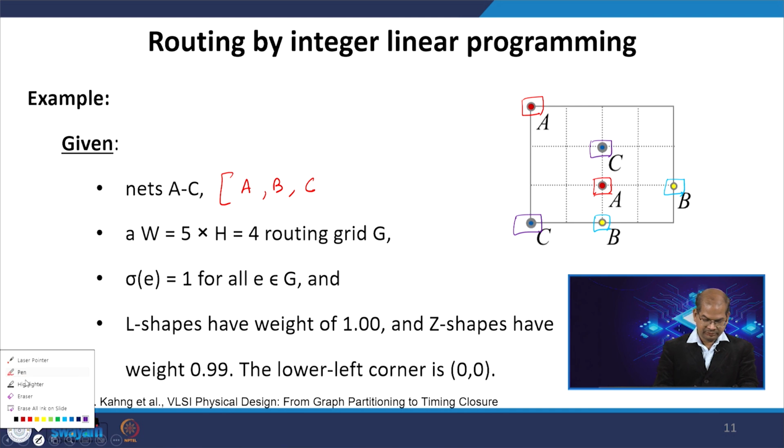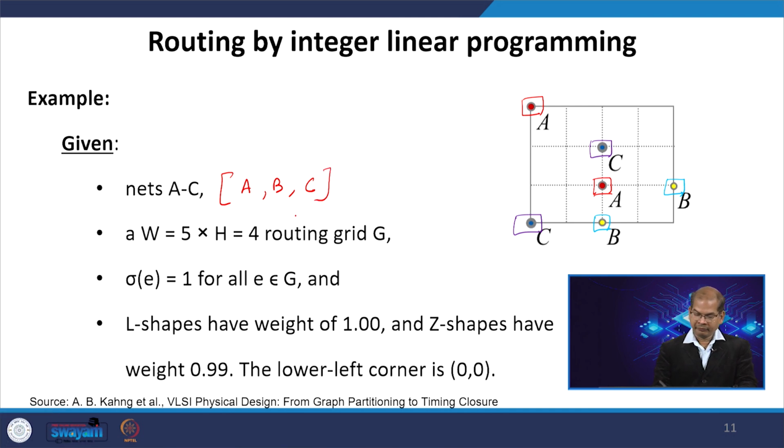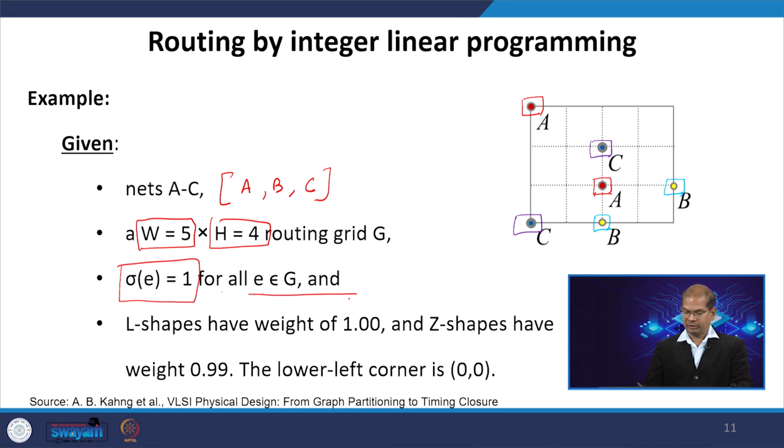What is the size of the routing grid? The width is 5 and the height is 4 for the routing grid, and the capacity of each edge is 1, so each grid edge will have a value of 1.